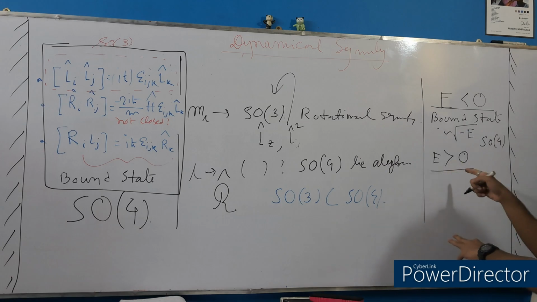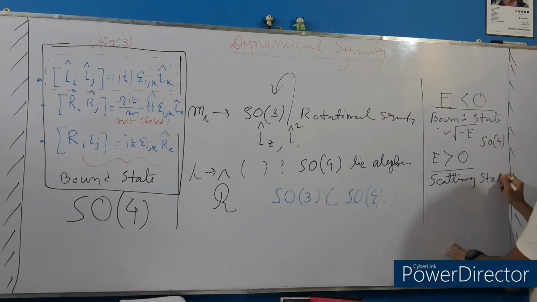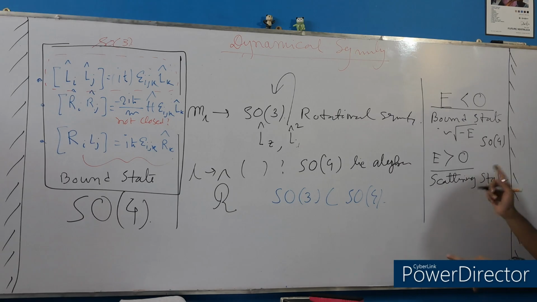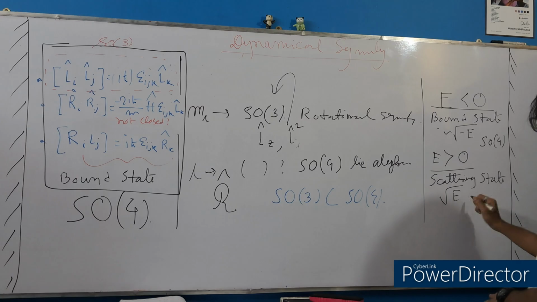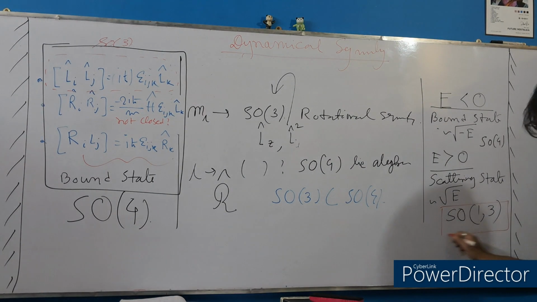If you take E greater than 0, then it is a scattering state, which means that the dependence of the energy in that operator is now positive, which means it is now not SO4 but SO(1,3). And SO(1,3), if you know then it's good, but if you don't know, it is basically the Lorentz group.